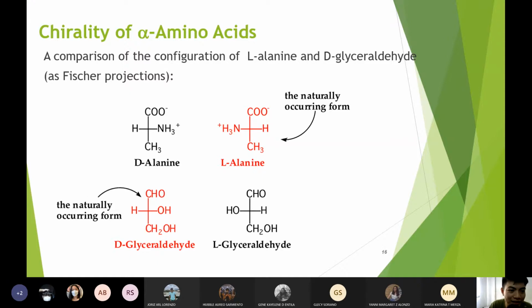Due to evolution. We don't know why, but based on evolutionary evidence, the L is more predominant compared to the D. And that is in sharp contrast with our carbohydrates.